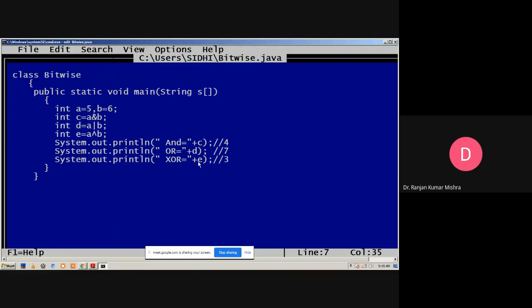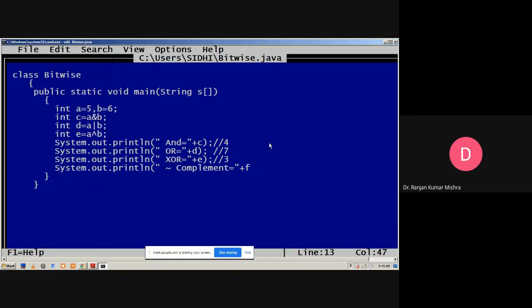Now we see the complement operator. System.out.println. The tilde sign is the complement operator. We can write complement equal to plus.